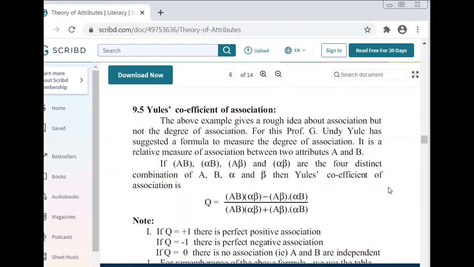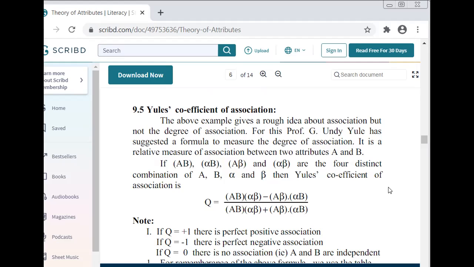Now here is the Yule's coefficient of association. Professor G. Udny Yule suggested the formula to measure the degree of association. It is a relative measure of association between two attributes A and B. Which values are required?